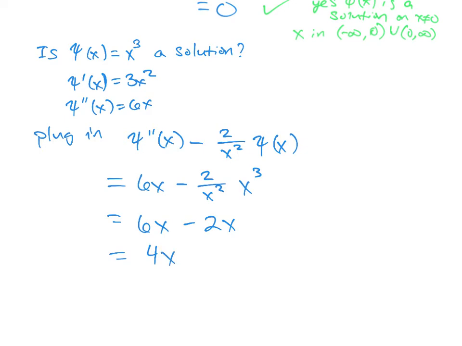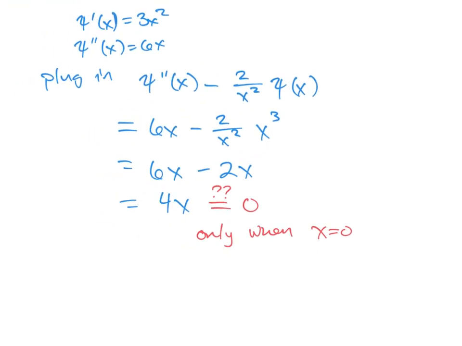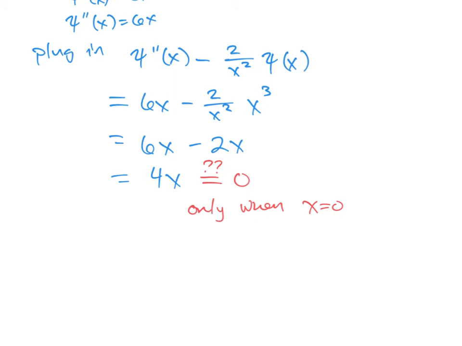So the question is, we need this to equal 0. And this is only when x equals 0. Okay, so it does satisfy the equation at one point, and you see why maybe it makes sense now why we insist on having an interval, because if you only had it at one point, then this would be kind of silly, because you want to say 4x equals 0.